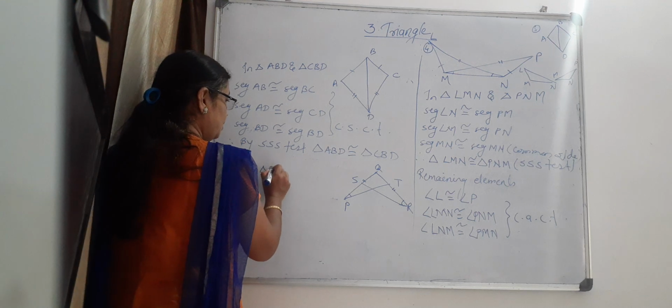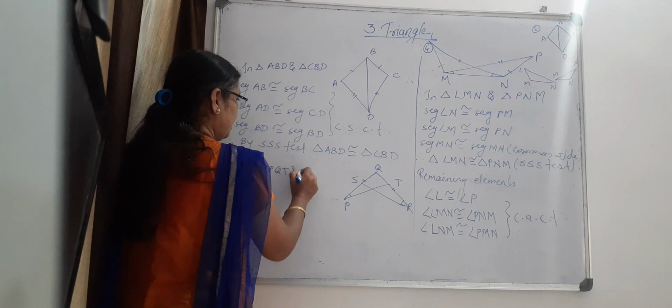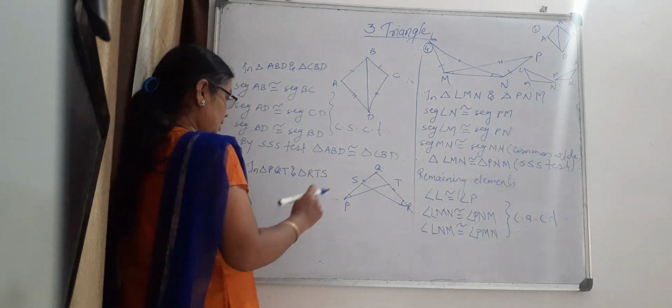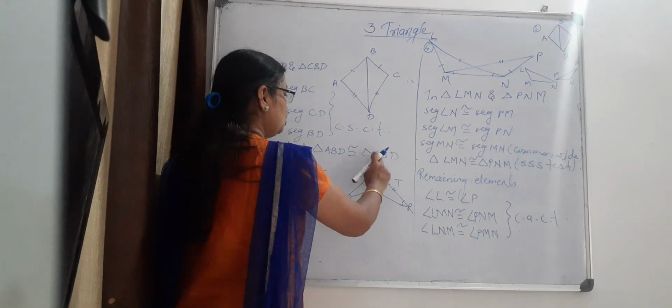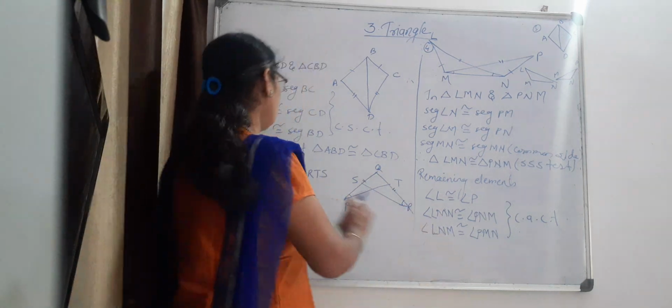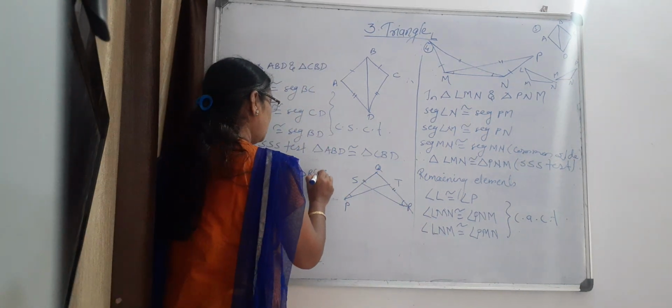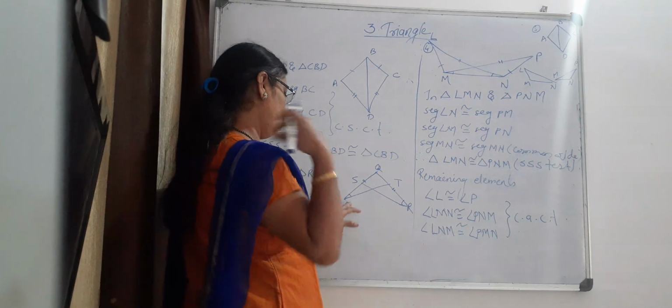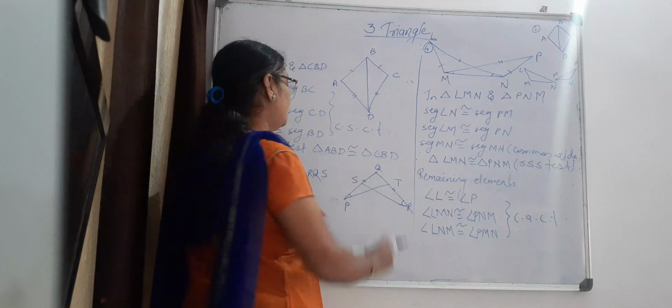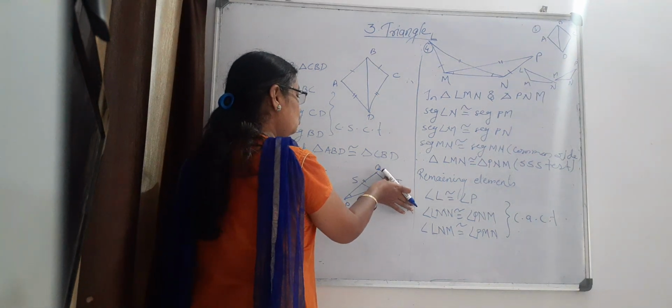In triangle PQT and triangle RQS, now see here what is given. Angle P is congruent to angle R. Then PQ is congruent to QR.